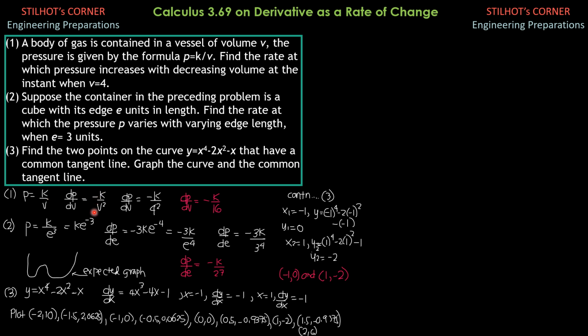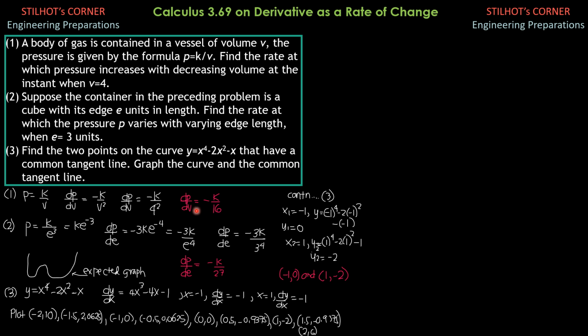Which is the same as this, negative K over volume square. So when the volume is equal to 4, dP dV is equal to negative K over 4 square. And therefore, simplifying, the rate at which pressure increases with decreasing volume is equal to negative K over 16.